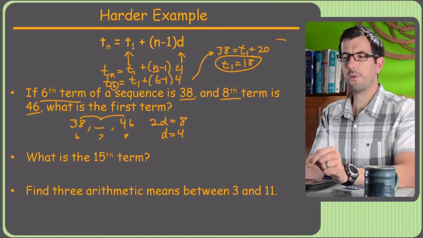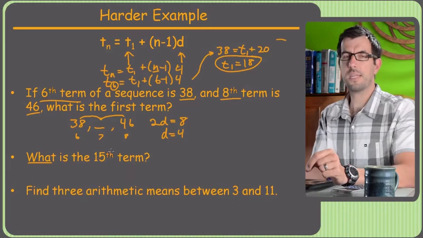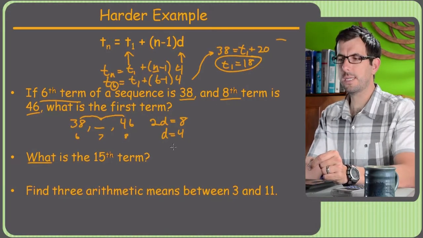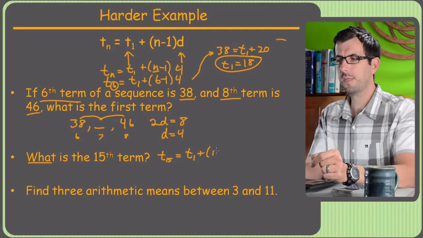Now we've added another little part of the problem: what is the 15th term of that same sequence? Well, now that I've got t sub 1 equals 18, I can just plug straight in. I'll just get that t sub 15 equals t sub 1 plus 15 minus 1 times d, which is still 4.